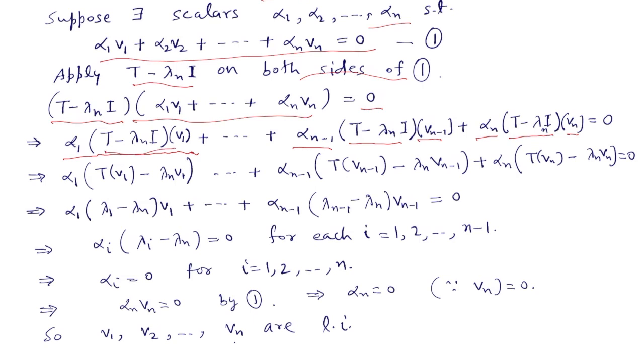Now T of v1 is lambda 1 v1. Similarly, T of v n minus 1 will be equal to lambda n minus 1 v n minus 1 and so on. So this expression becomes this one. But v1, v2, ..., v n minus 1 are linearly independent. So all the scalars are 0 for i equal to 1 to n minus 1.